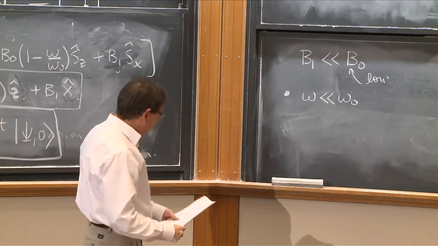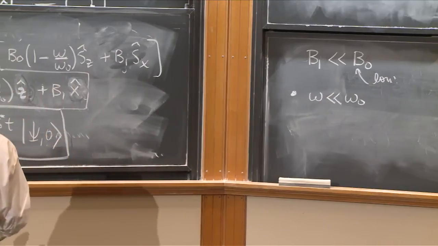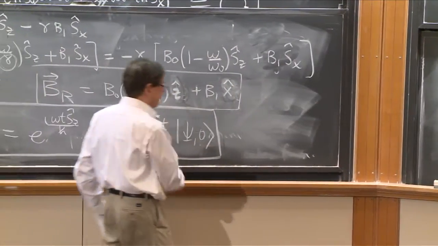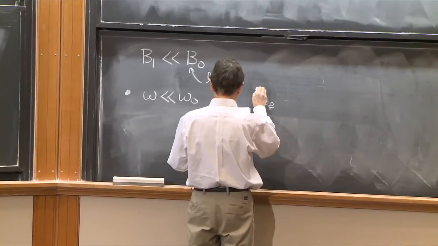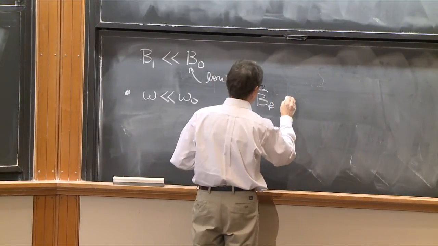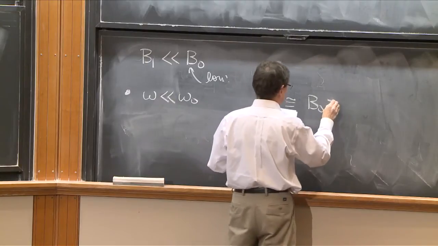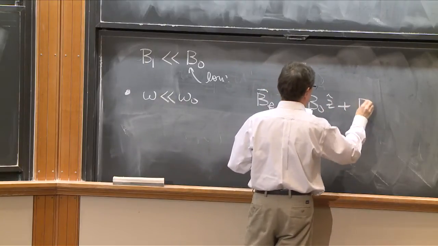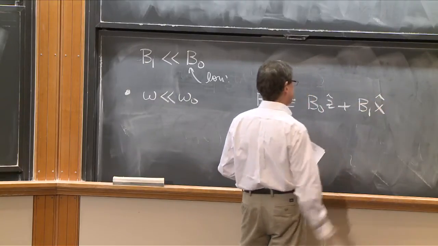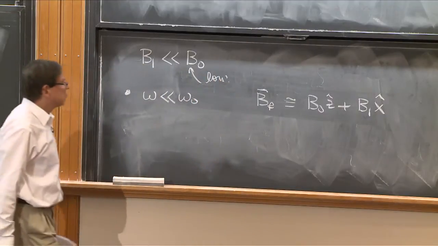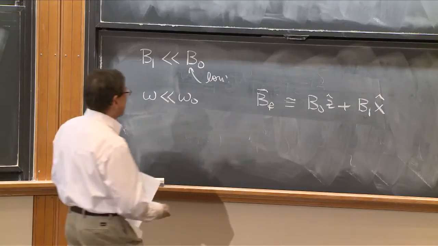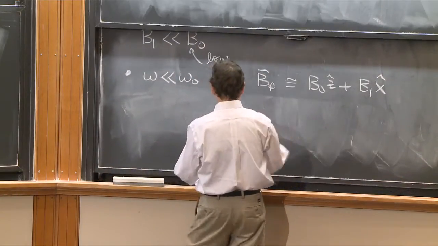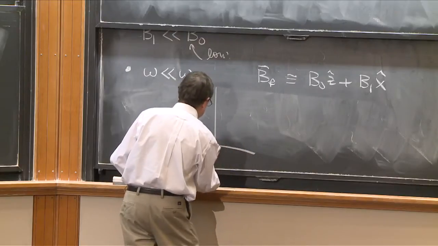So, moreover, if omega is much smaller than omega 0, B_R is sort of like B0 z plus B1 x. Roughly that. So what does this do? Well, this is a magnetic field mostly along the z-axis.